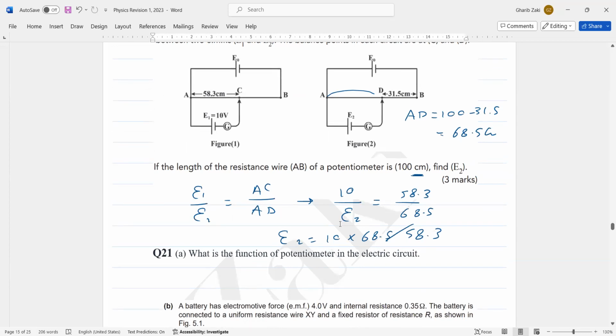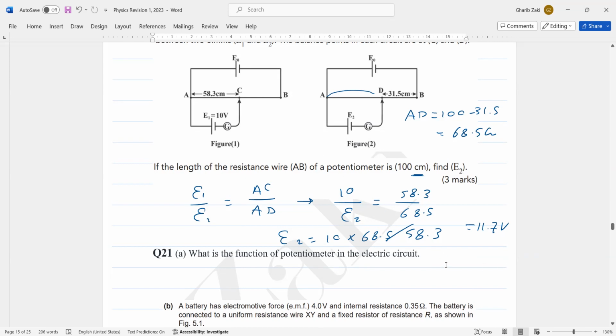Fraction 10 multiply 68.5 divided by 58.3. The answer here is 11.7 volt.